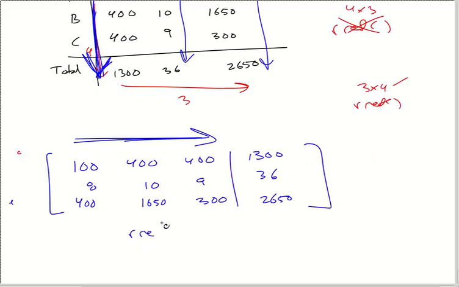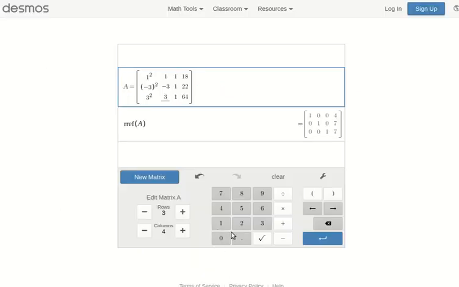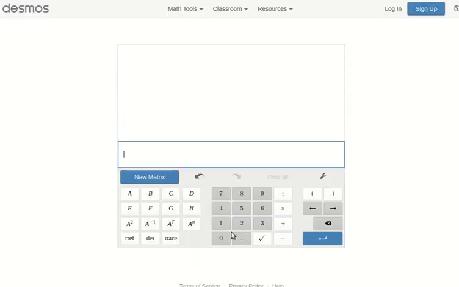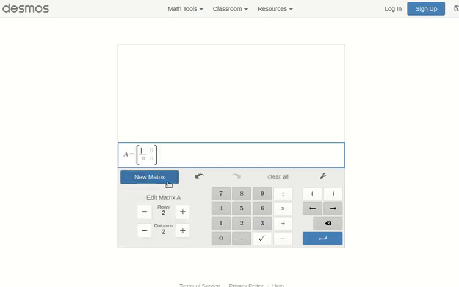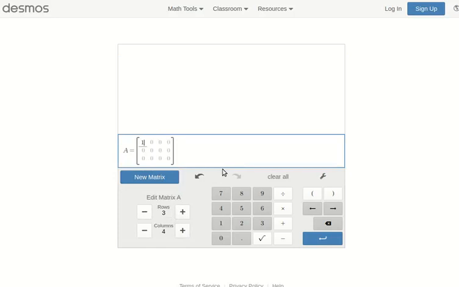And you're going to RREF that thing. Let me go and do that. Prove to you that it's going to work. Okay, new matrix. 3 by 4. Let me start putting the numbers in. We got a 100, 400, 400, 1,300, 8, 10, 9, and 36.